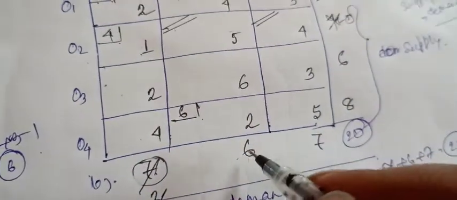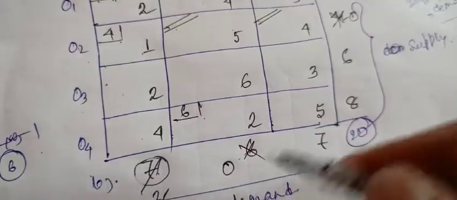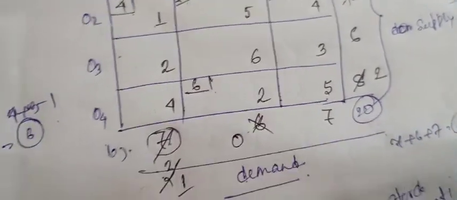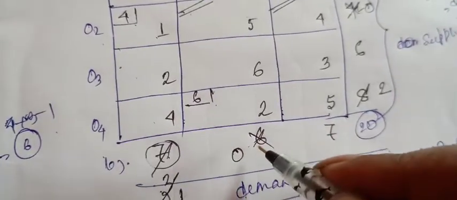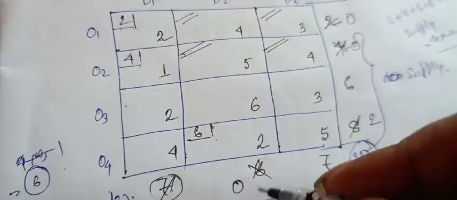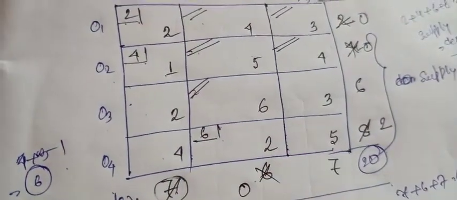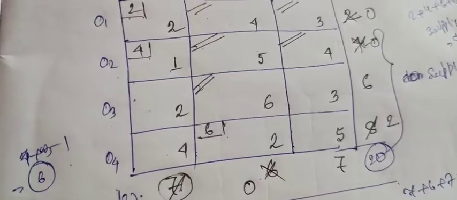Now the demand becomes 0 and the supply becomes 2. This column's demand is fulfilled, so this column is exhausted. Now only O3 and O4 remain.